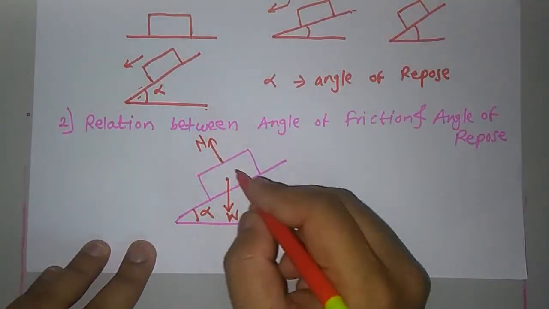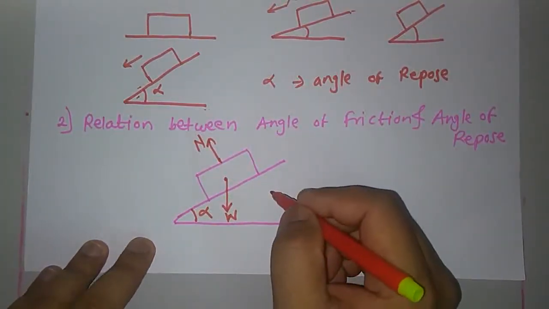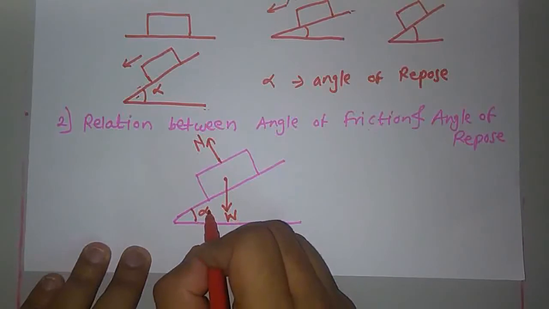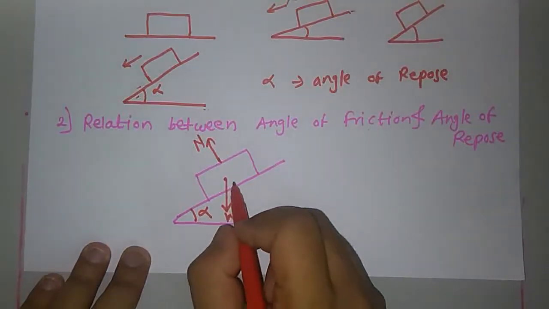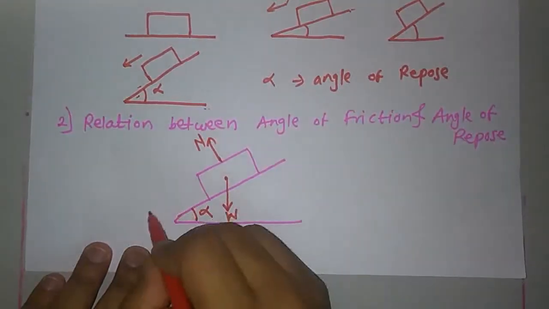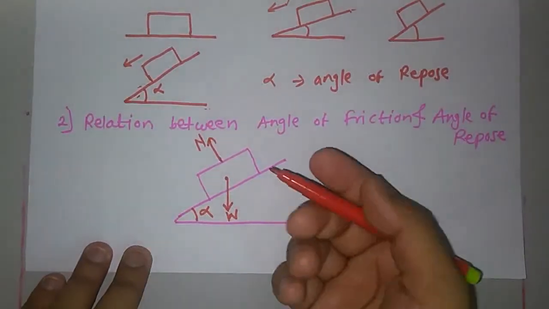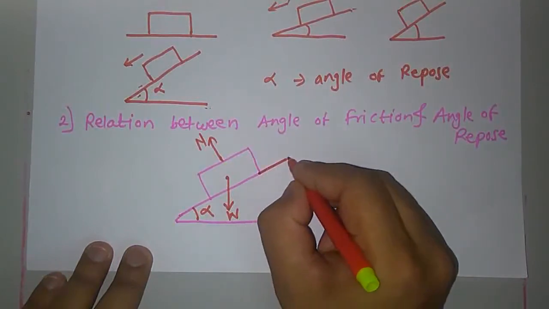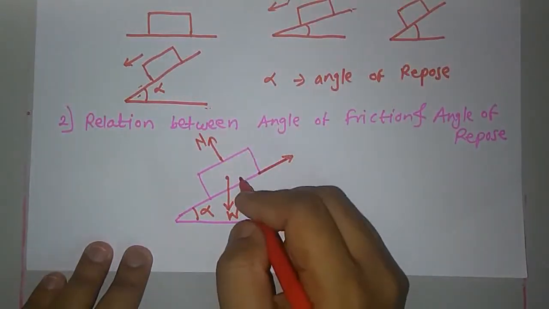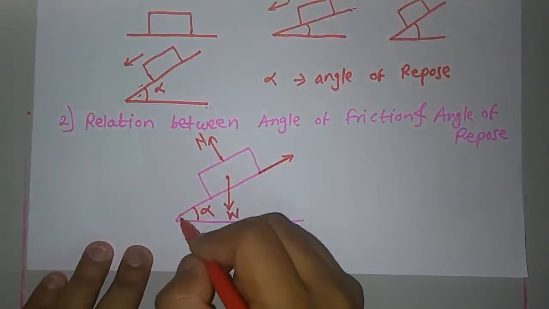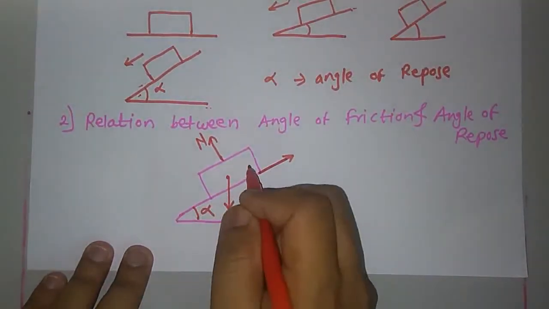Angle of repose is when the body just starts to move. In which direction will it move? In this direction. Then in which direction will friction act? The friction will act in this direction. Remember that friction always acts opposite to the motion of the body or block.